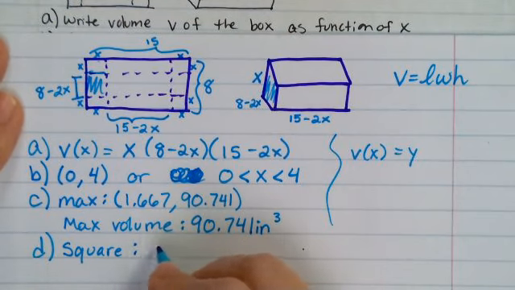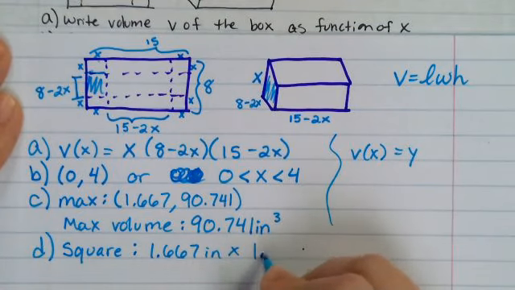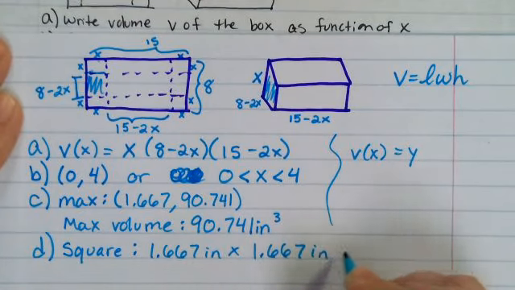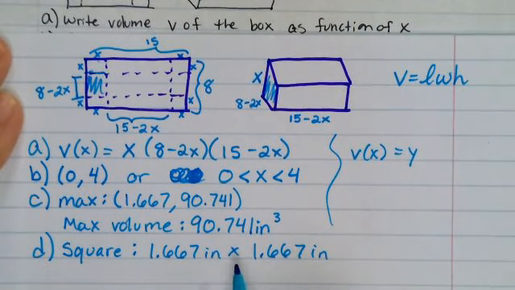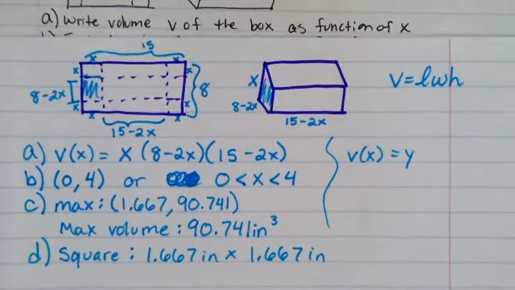Okay, my square should be measuring 1.667 inches by 1.667 inches. If my squares are equal to that, if that's their dimensions, then I will get the maximum possible volume out of that box.